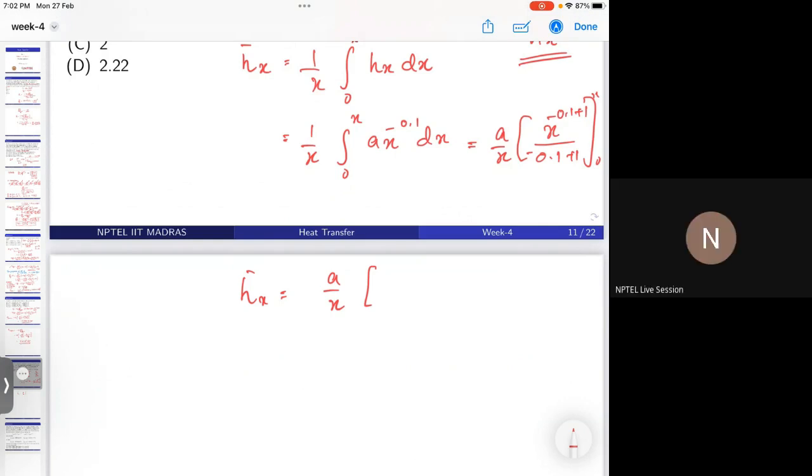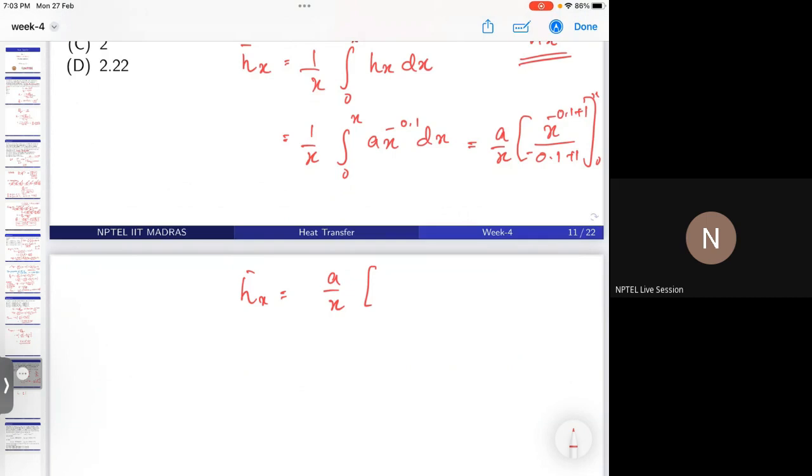It's like we are averaging over x, right? So we are taking an elemental strip and we know the h at that location. We are assuming the depth into the plane of the paper as one.